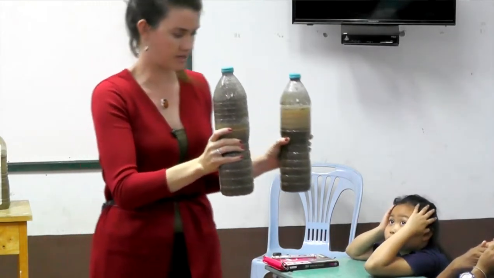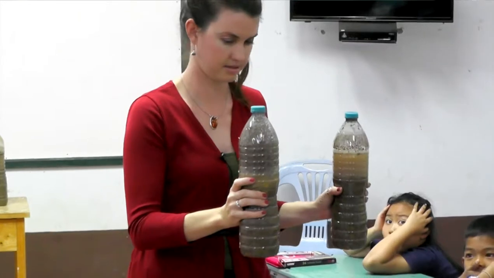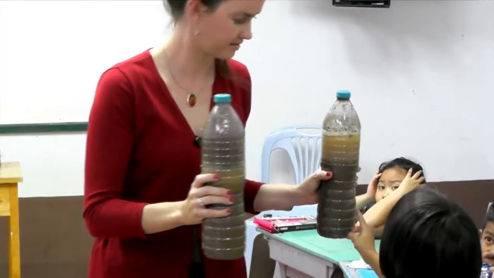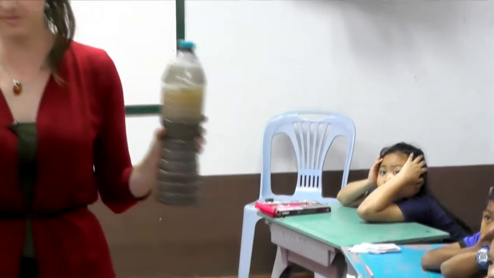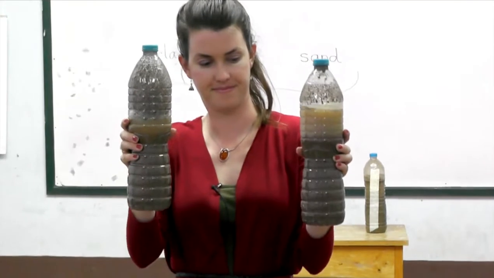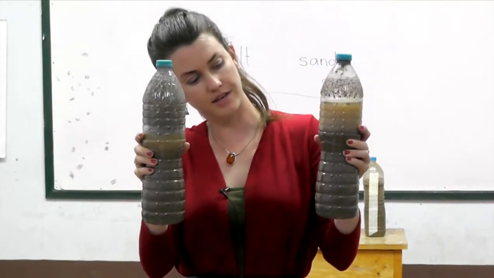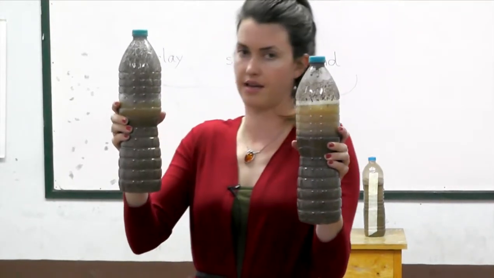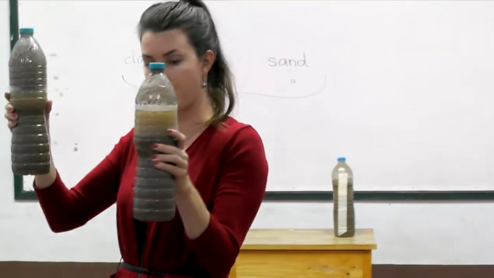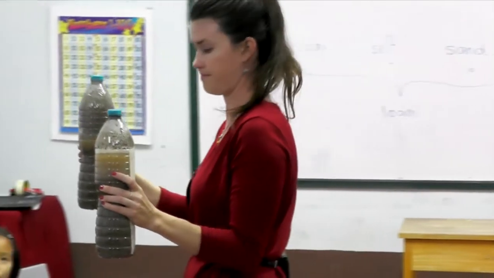Do you see different kinds of dirt? Different types. Take a look. Do they look the same or do they look different? Yeah, they look different. We can see different colors in them. We can see different sized dirt and rocks in them.